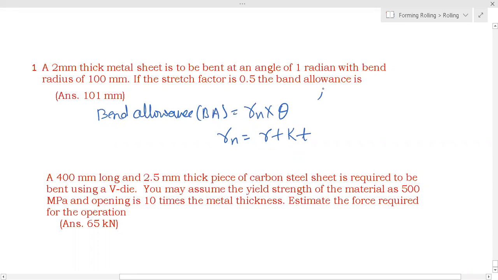Here T is 2 mm, theta is 1 radian, R is 100 mm, K stretch factor or bend factor 0.5.